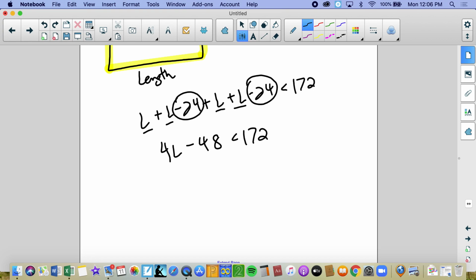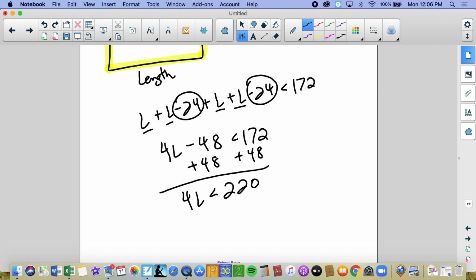So let's solve it and isolate the variable. We're going to get rid of things being added and subtracted first. We have to get rid of that negative 48, so we add 48 to both sides. That leaves me with 4L is less than 172 plus 48, which gives me 220.